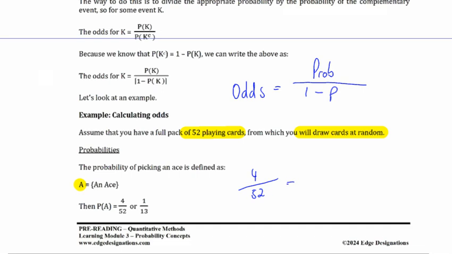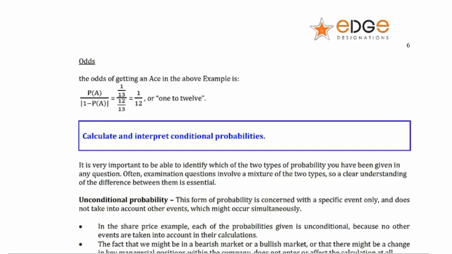So what's the probability of me getting an ace? 4 out of 52. And again, remember, you can make your definitions whatever you like. Here we're going to say probability of A, and you can see I've defined it over here. I'm calling A my probability of getting an ace. So the P of A, the probability of getting an ace, is 4 out of 52. I haven't yet hit odds. I've only dealt with probabilities.